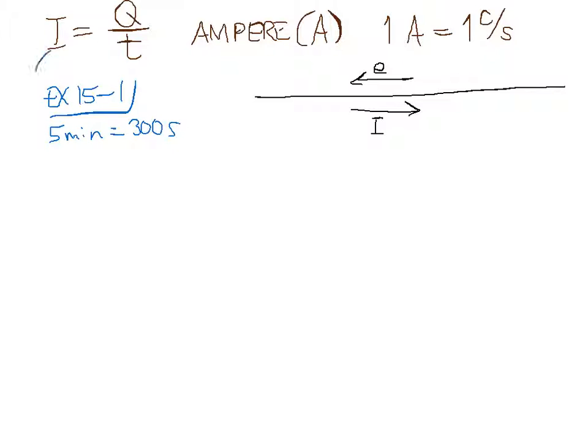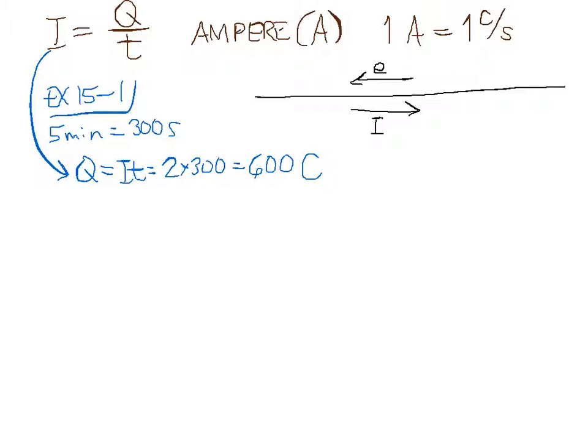Now we'll take the I equals Q over T equation and rearrange it for charge. So Q is equal to I times T. The current was 2 amps times the time of 300 seconds, so the total charge that passes is 600 coulombs.